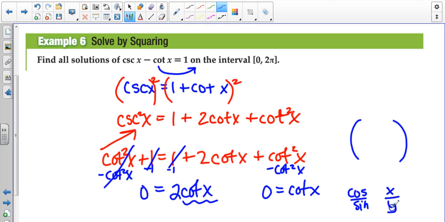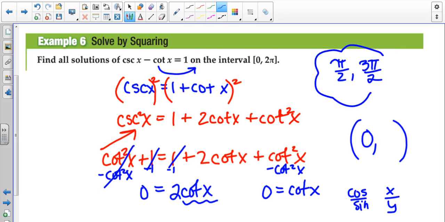What would have to be 0 for that to come out 0? X. So I'm looking for anywhere that has an x that's a 0 for the cotangent to be 0. Okay. We came up with these 2 solutions.